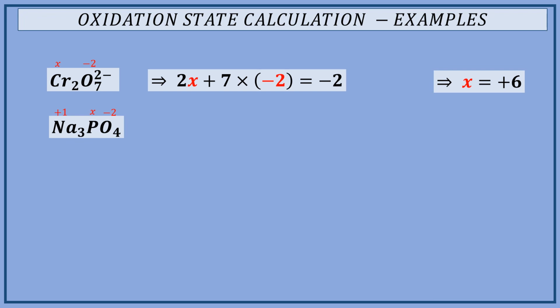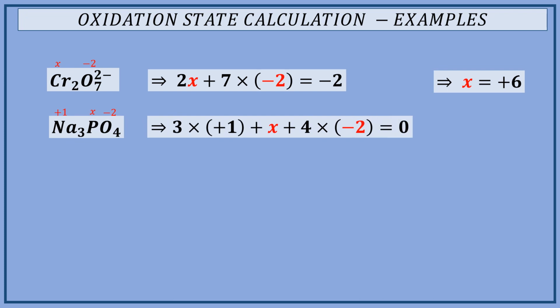We will add the total oxidation state present on each of the atoms in the entire molecule. So there are 3 sodium atoms, so 3 times +1 plus the oxidation state of phosphorus, that is X, plus 4 times the oxidation state of oxygen, 4 times -2.